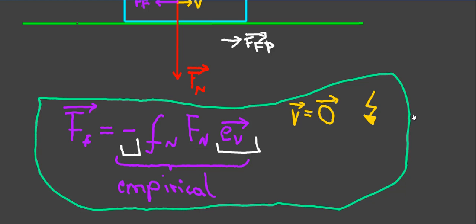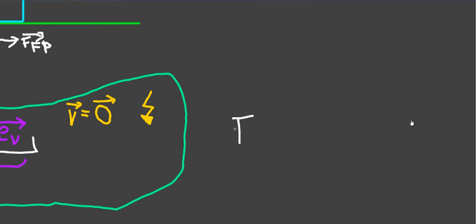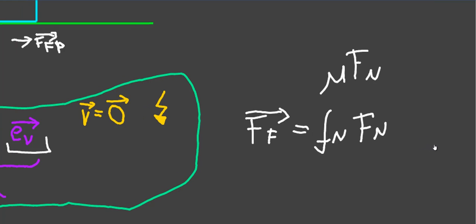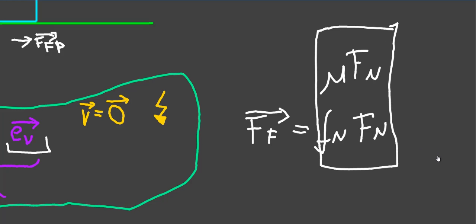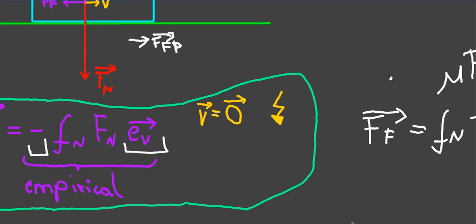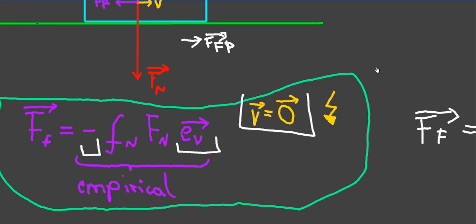If we remember that, we only have to remember that the force of our friction is equal to this coefficient times our normal force. Now there's one problem with remembering this, because the one thing you don't remember is that when the velocity is the zero vector, the null vector, we actually have a problem.